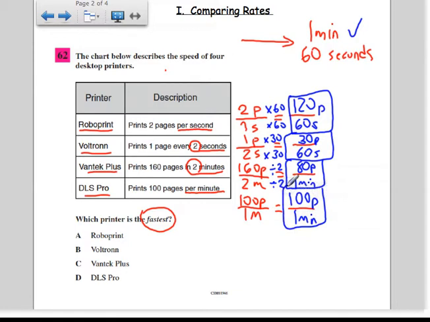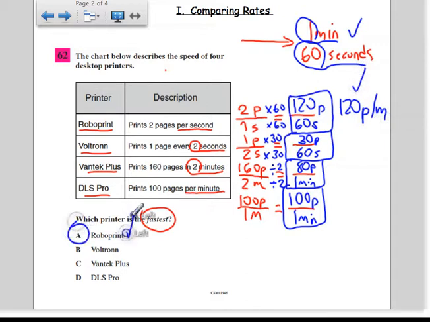Now that they are all out of either 60 seconds or 1 minute, it's pretty easy to tell that the fastest printer is this one at the top at 120 pages per minute. RoboPrint is the fastest. You can also compare them to see which one is the slowest.